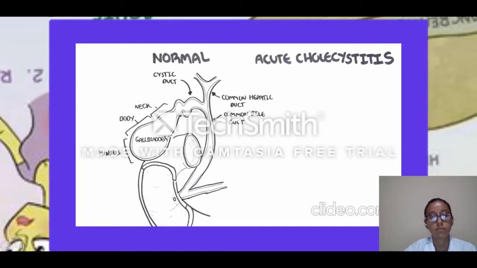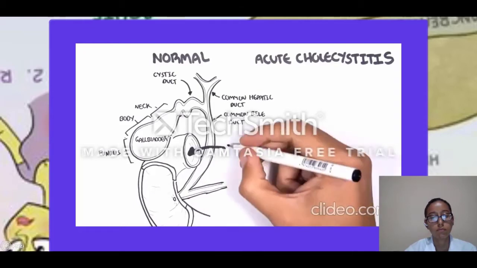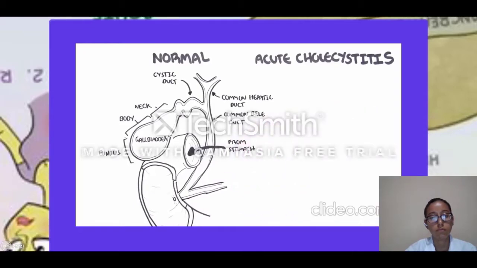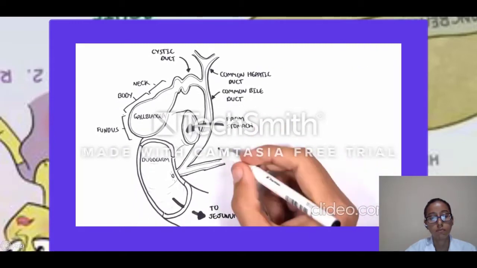Before moving to the pancreas, the stomach actually continues on to the small intestine here, transporting the half-digested food content. The first part of the small intestine is the duodenum. Then the duodenum goes on to the jejunum, which is the second part.